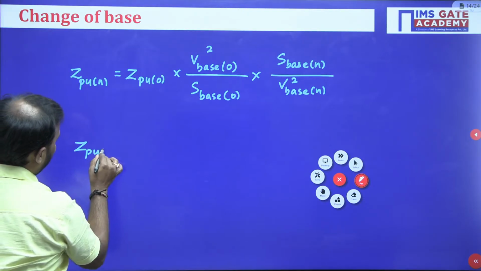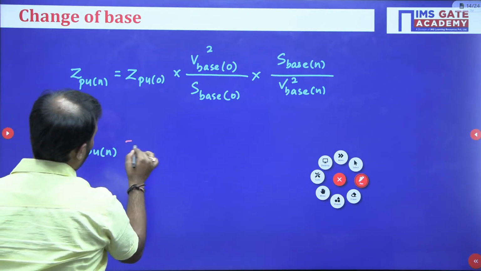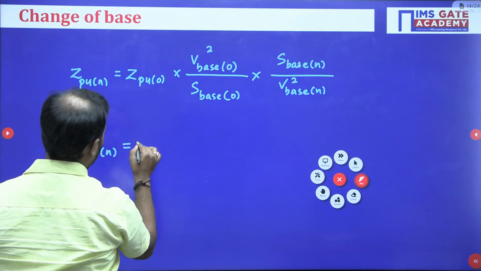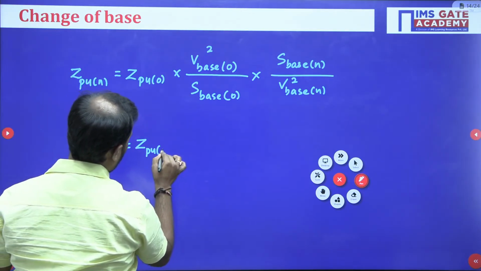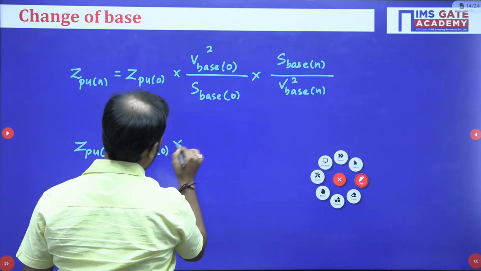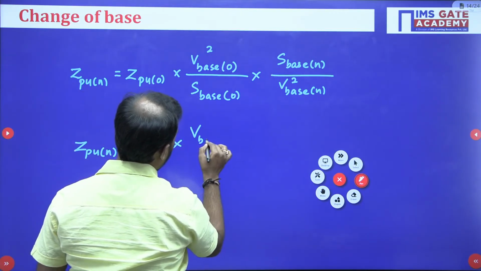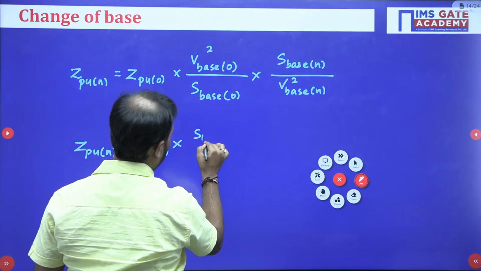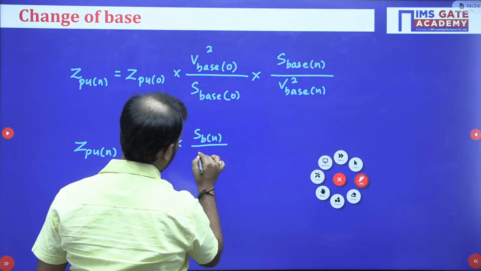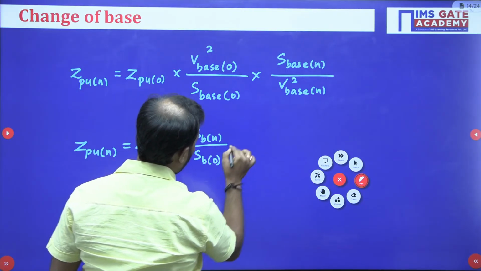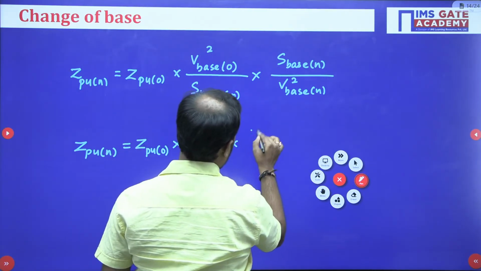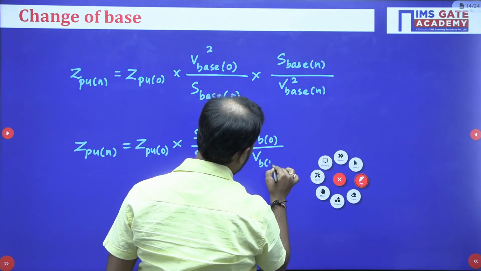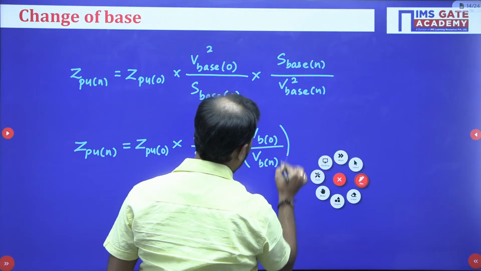Z per unit new is nothing but Z per unit old into V base old squared into S base new, divided by S base old into V base new squared.